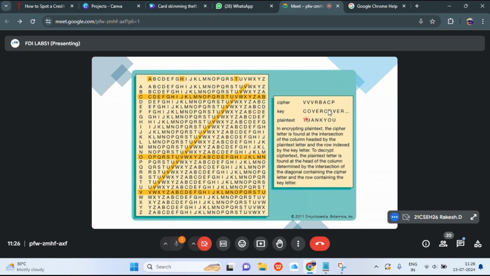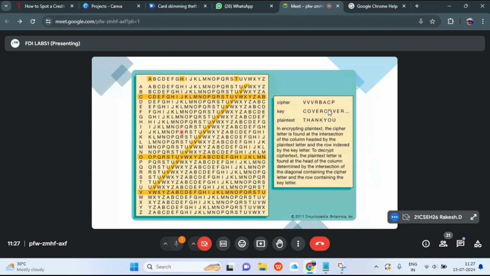For example, the first letter of plain text is T. I'm taking horizontal letters for plain text and vertical letters for key. So T is here. What is the key for T? That is C. Where is C here? The letter which intersects C and T is V. So V is our ciphertext for plain text T. Next, H. For H the key is O. Where is H here?